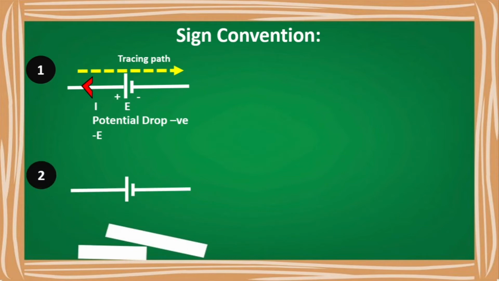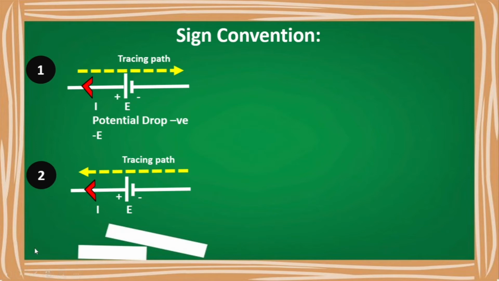Secondly, if I have the same diagram again, same direction of current, but I change the tracing path. Now let me say my tracing path is from right hand side to the left hand side. Now I find that firstly I will come across minus, the lower potential or negative polarity, and then I travel towards the higher potential, the plus sign.